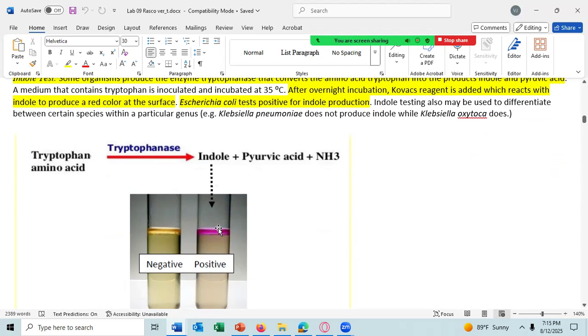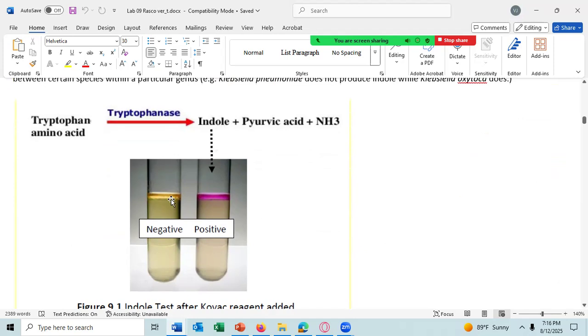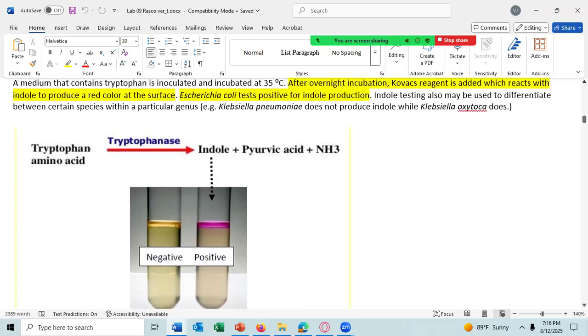I'm not sure why it's so purple there, but it should be cherry red if it's indole positive. If it's indole negative, it'll be yellowish in color. Klebsiella pneumoniae does not produce indole, but Klebsiella oxytoca does produce indole.